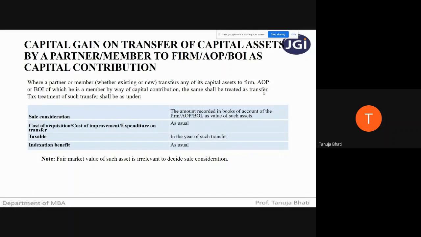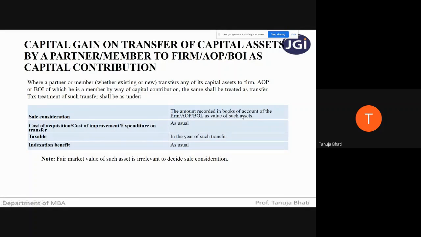And if it is a transfer of a capital asset, we know that capital gain tax is liable. So let us see what is the tax treatment we are supposed to do. What is the sale consideration we are supposed to take? Sale consideration we have to take as the amount recorded in the books of account of the firm, AOP, BOI as the value of such asset.